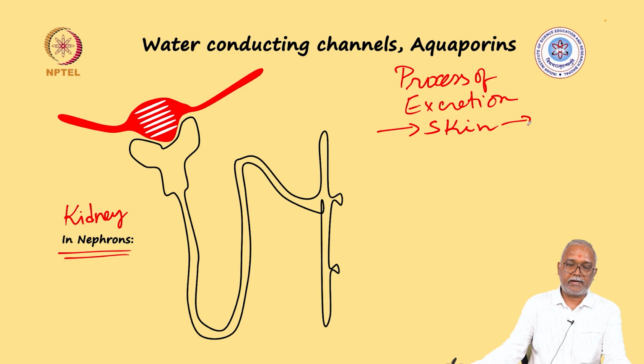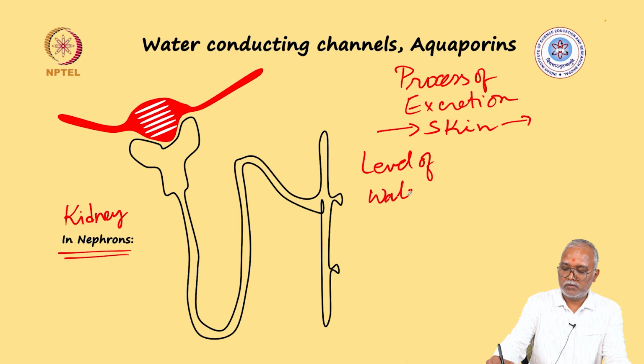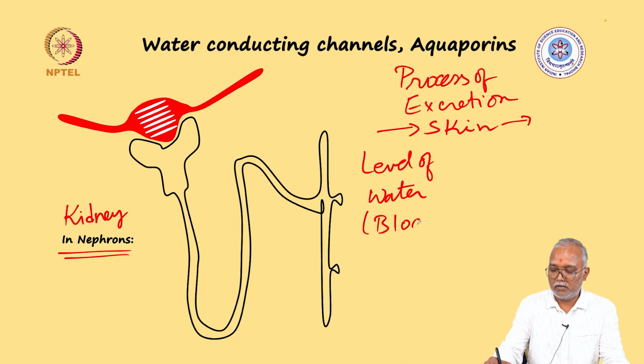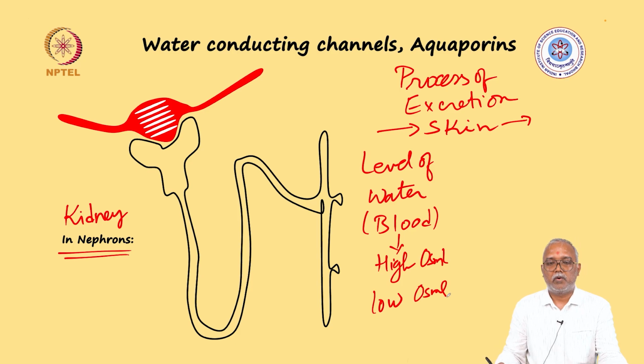We know that in the kidney, nephrons are the ones which actually maintain the level of water circulating in our system as part of the blood, which may have high osmolarity versus low osmolarity. When you have high osmolarity, the blood volume is reduced or the water content is less.